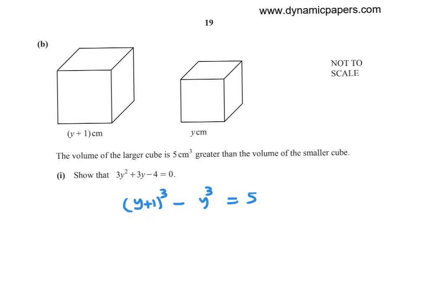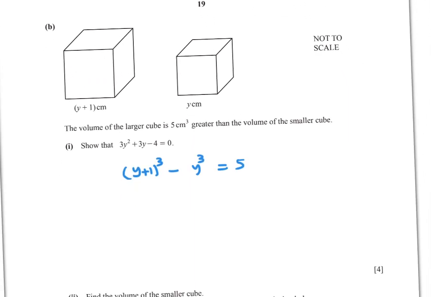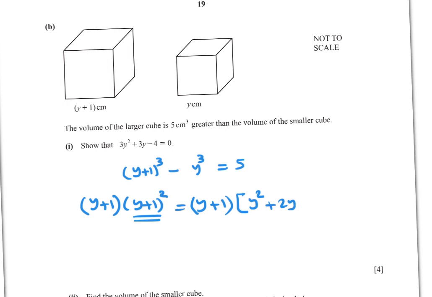Y plus 1 power 3 can be written y plus 1 times y plus 1 times y plus 1, or y plus 1 times y plus 1 squared. Now we can expand y plus 1 squared, so keep y plus 1 and expand y plus 1 squared. Y times y equals y squared, and 2 times 1 times y equals 2y, and the last term 1 times 1 equals 1.